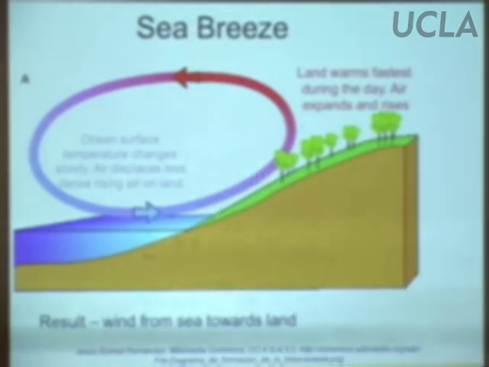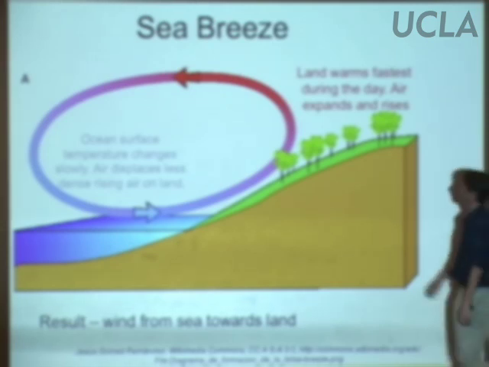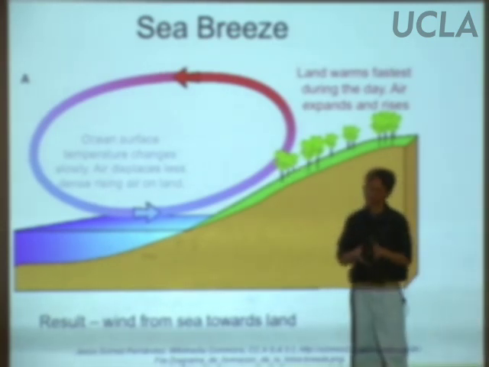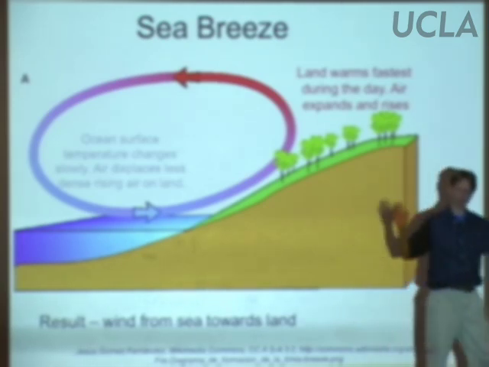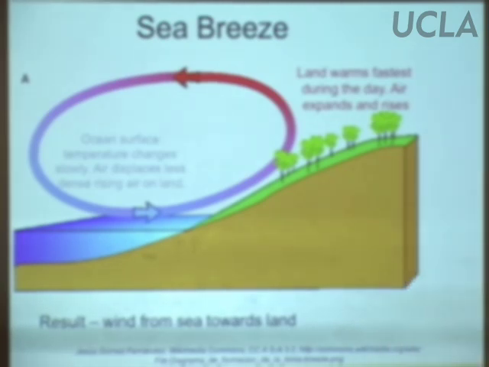So for that reason, you might expect during the day, particularly towards the afternoon, the temperature right at the land surface is going up. It's higher than it is over the ocean because it's changing faster and sunlight's falling on everything. So the air in contact with the land surface, warming up, is going to tend to expand. It's going to become less dense.